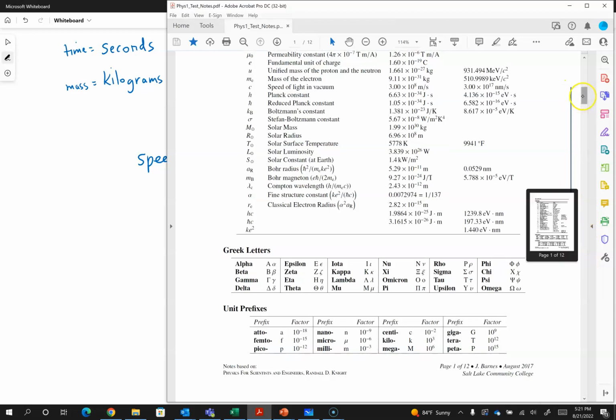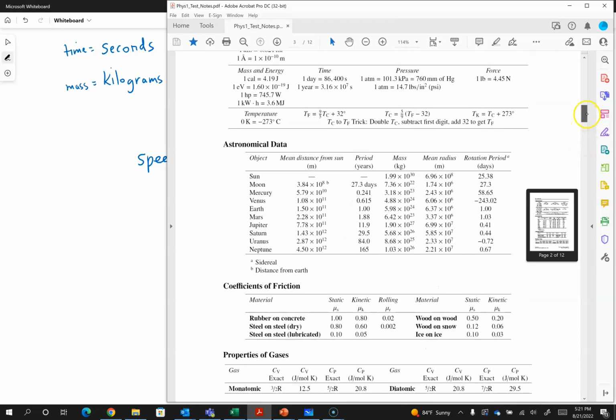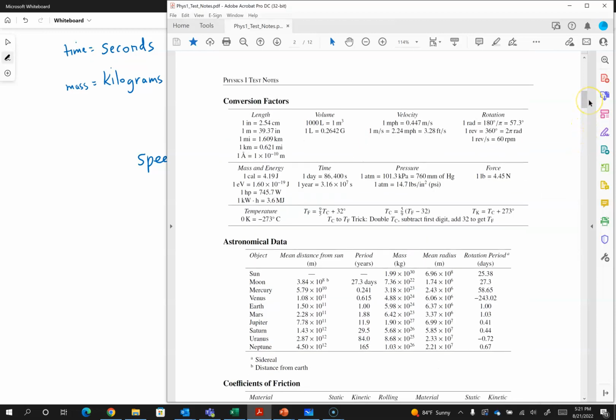But in terms of converting units, at the top of page 2, we have some conversion factors. They're separated out based on the conversion. There's conversions for length, so the inches to centimeters, or inches to meters, or miles to kilometers. Volume, velocity, this is the one we want.